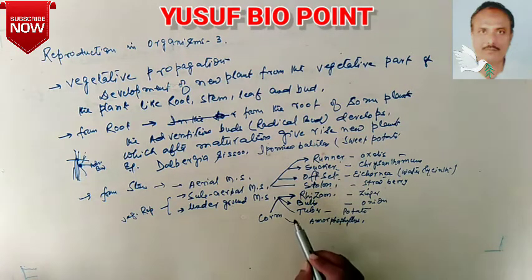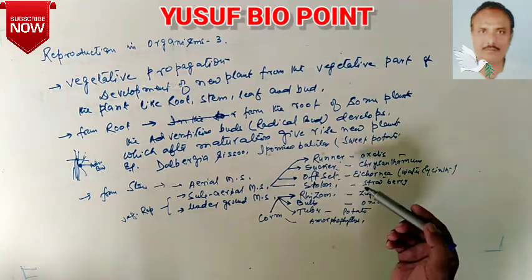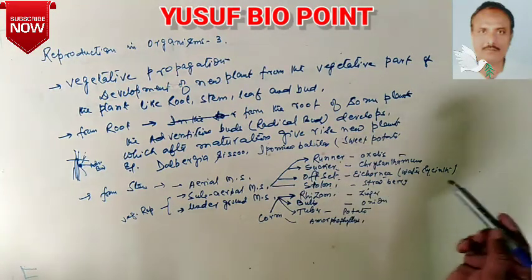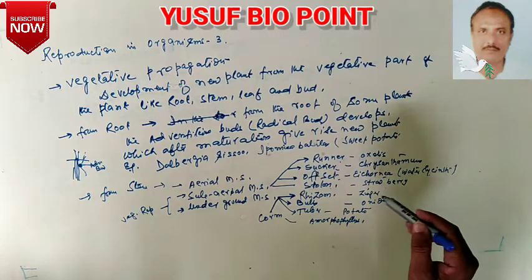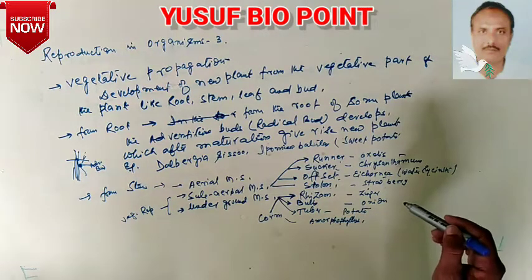So these are the several types of modified stems, and they all take part in vegetative propagation.